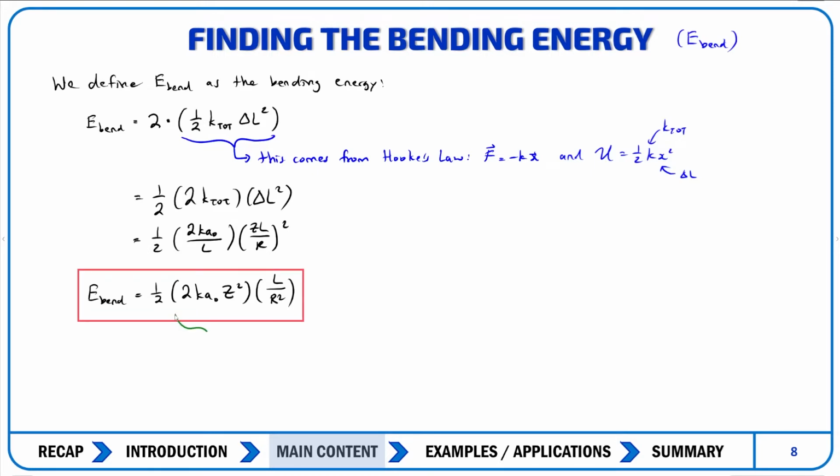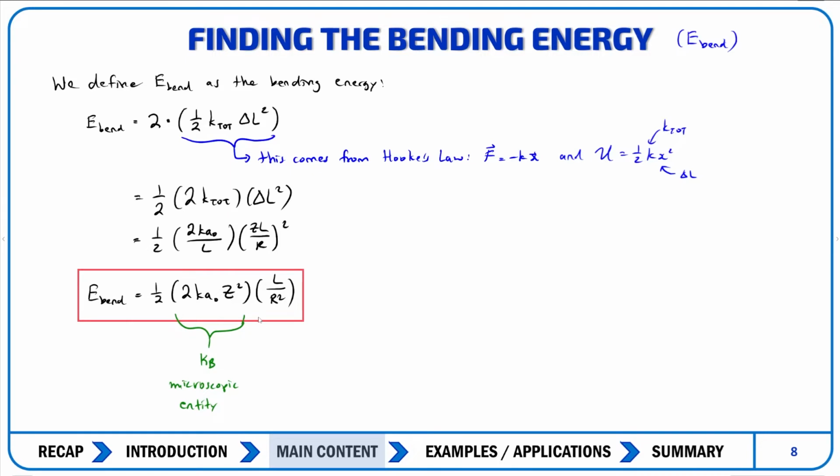This portion is actually called Kappa B. Kappa B represents a microscopic entity. So these are parameters for the DNA worm-like chain model that help define its microscopic properties.